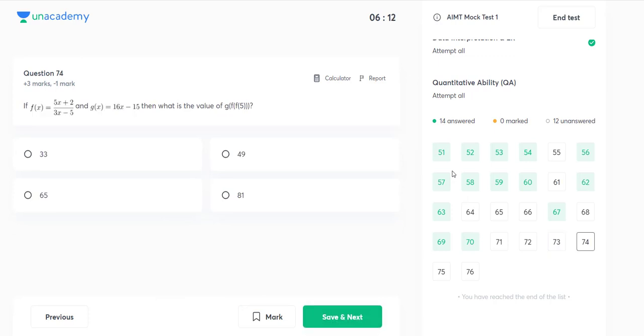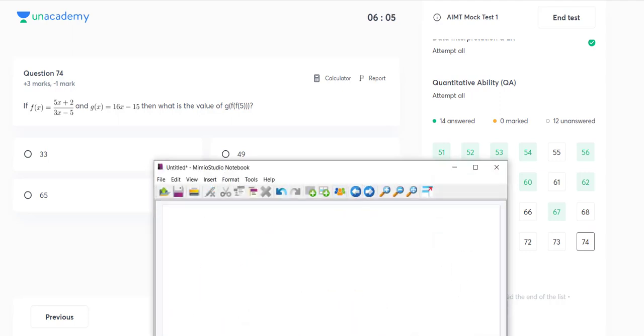Okay, so over here f of x and g of x, we need to find the value. This looks easy. Okay, let's do this. So now over here f of 5 is how much? This is an inverse function. So f of 5 is going to be 25 plus 2, 27 divided by... f of 5.